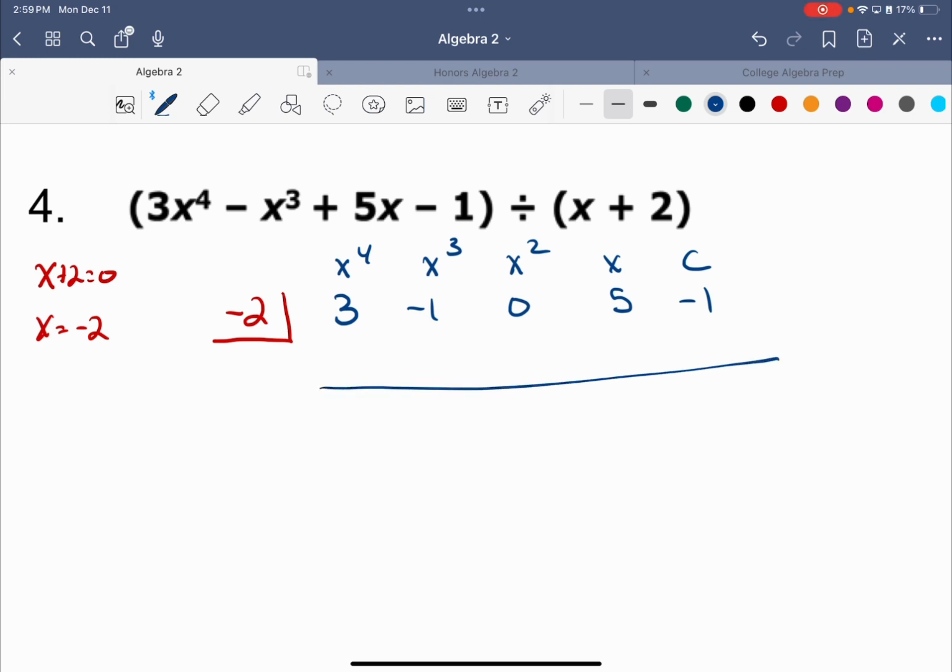Okay, so before you get too far along, you should add 3, negative 1, 0, 5, and negative 1.